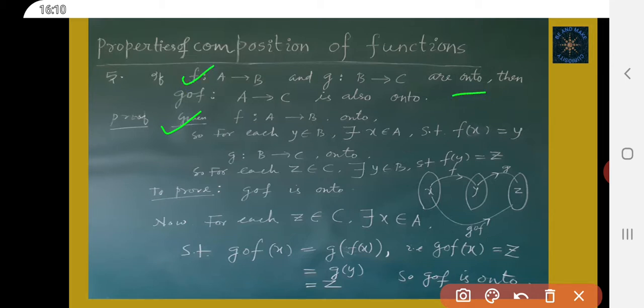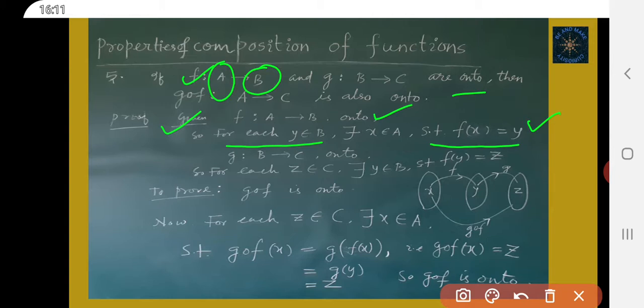As f function is onto, you can write for every element of B, that is for each y belongs to B, there exists some element x in set A such that f of x is equal to y.